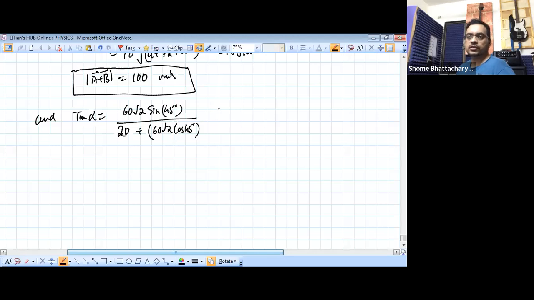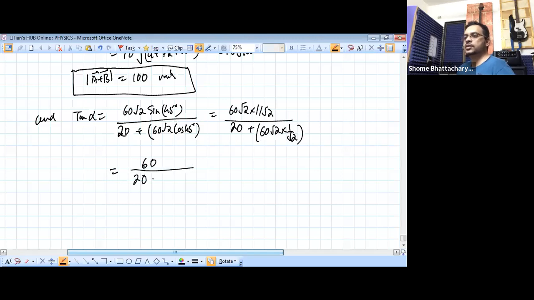Yes, very good. Yes, that's correct for the angle. So it is 60 root 2 into 1 by root 2, divided by 20 plus 60 root 2 into again 1 by root 2. There's nothing difficult in this. Just mechanically, I'm doing the problem. It's not a big deal. So that is 60 by 80 or 3 by 4.